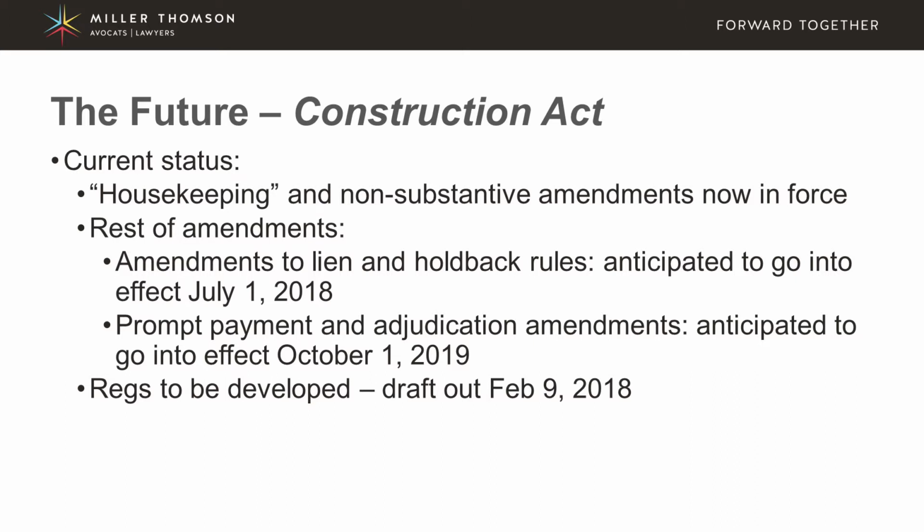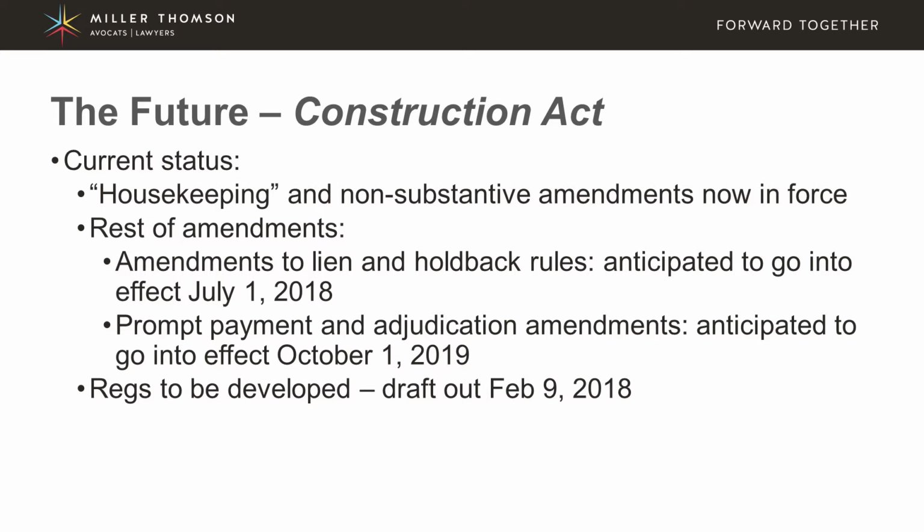The rest of the amendments are the ones we are going to discuss today, and these are the amendments that are much more significant, and one grouping of these amendments takes effect July 1st, 2018. And the most significant changes that will take effect at that time are the amendments to the lien and the holdback rules. Another set of amendments that are very significant and will take effect October 1st, 2019 are the prompt payment and adjudication amendments.